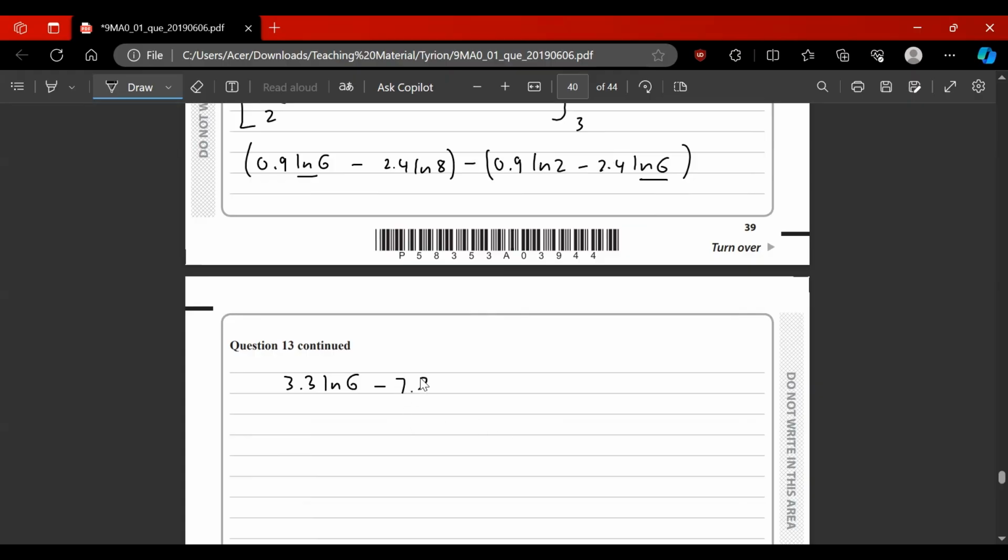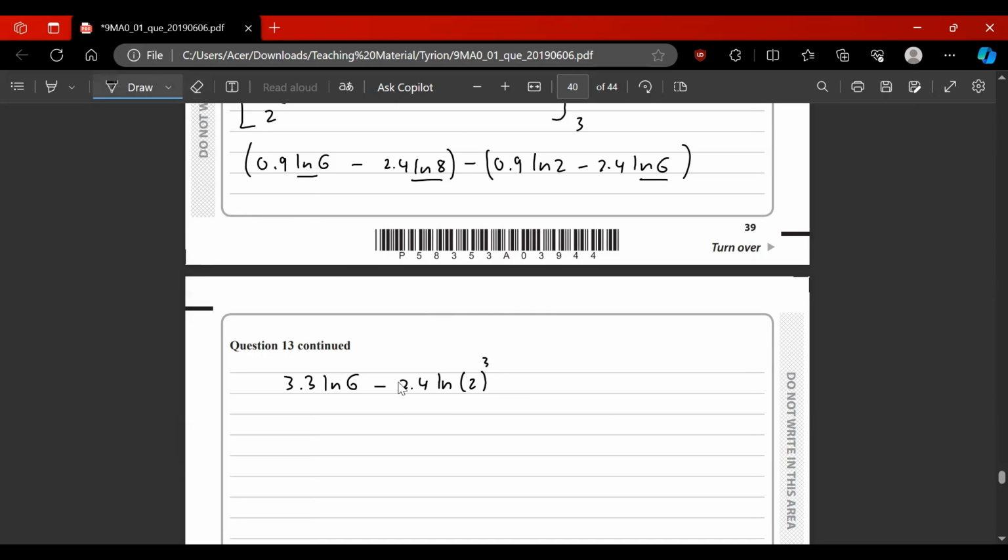minus 7.2 ln. So here we need to first rewrite ln 8 as a cube, right? So we can write it as 2.4 ln 2 cube.